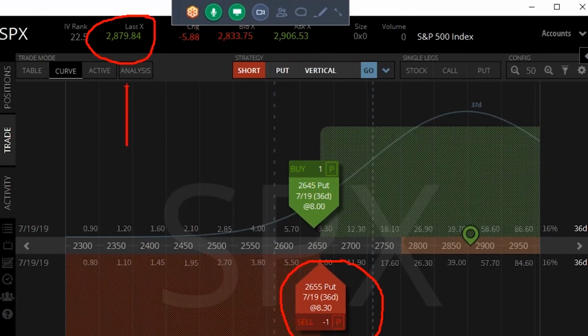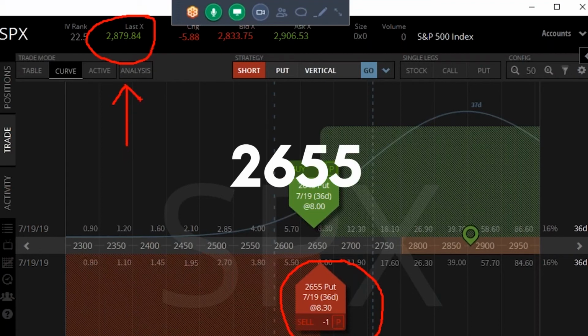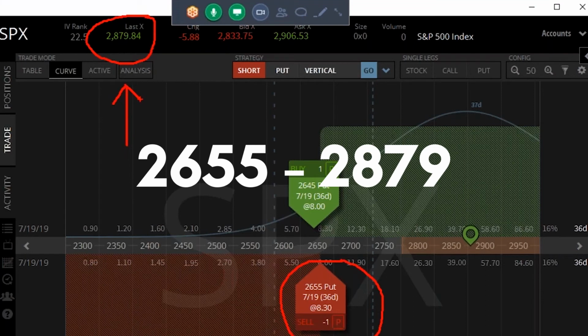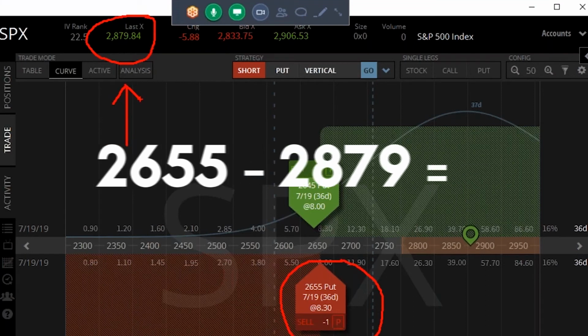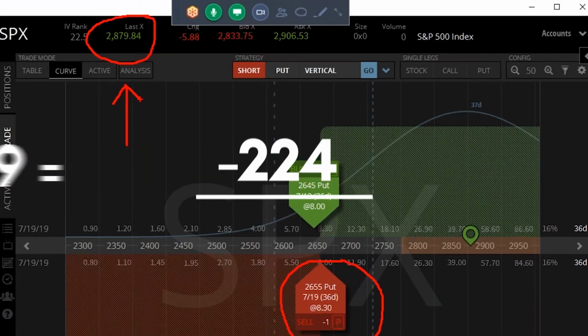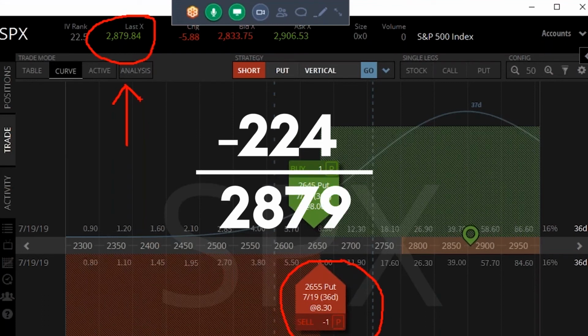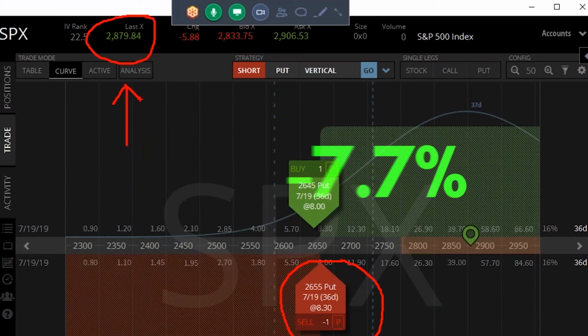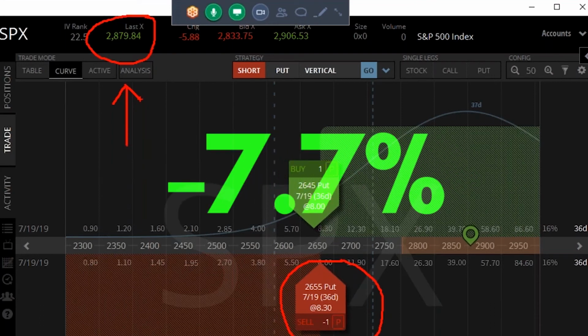So in this case, you take 26.55 minus 28.79, and that equals negative 244, and you divide that by 28.79, and then that equals 7.7%.